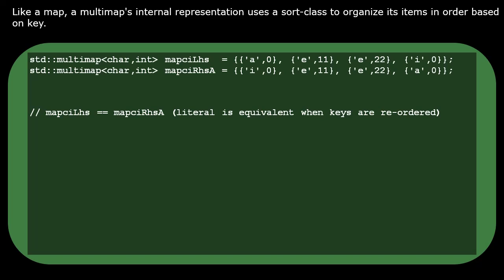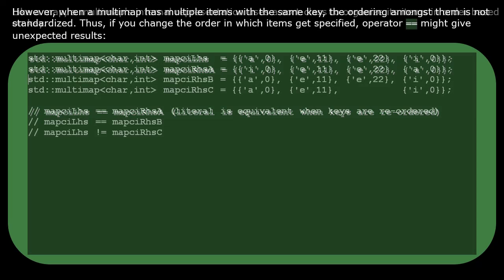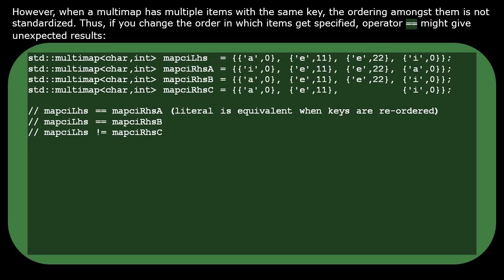Like a map, a multimap's internal representation uses a sort class to organize its items in order based on key. However, when a multimap has multiple items with the same key, the ordering amongst them is not standardized.